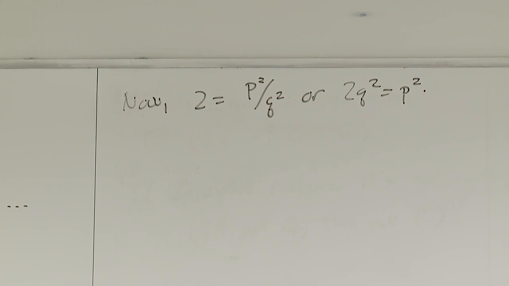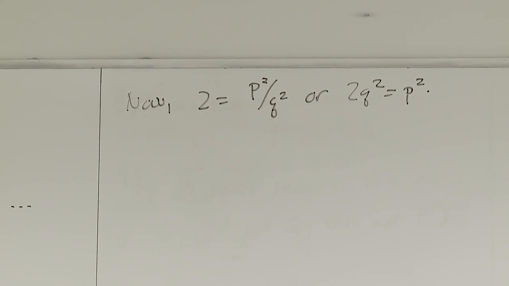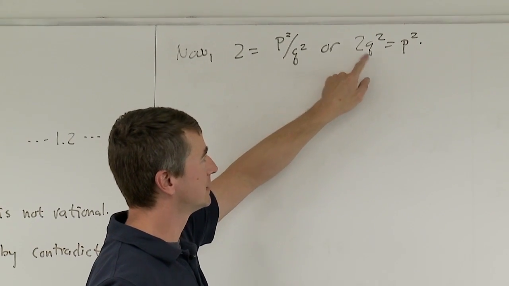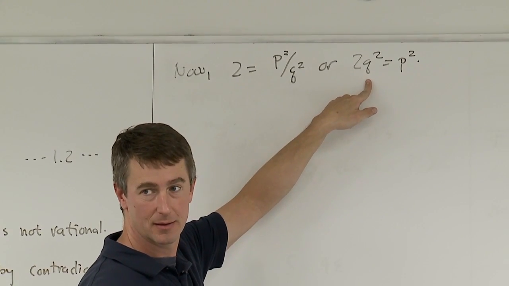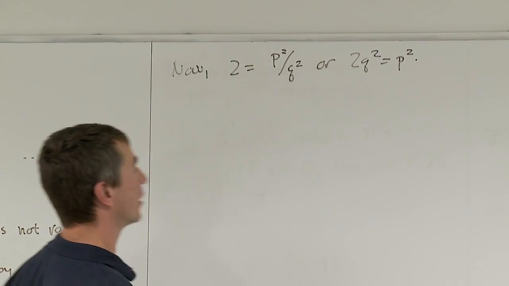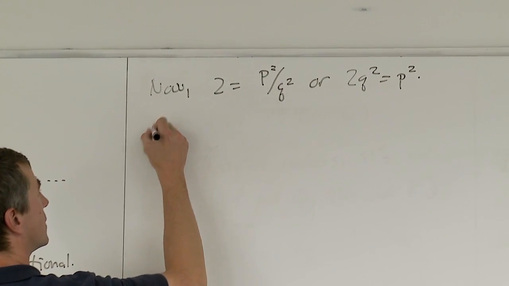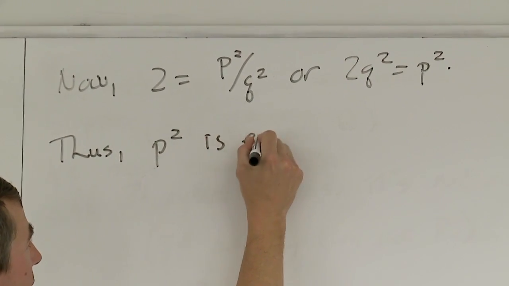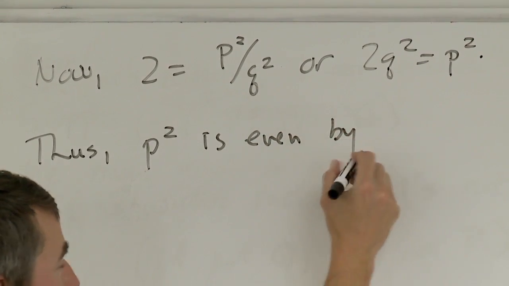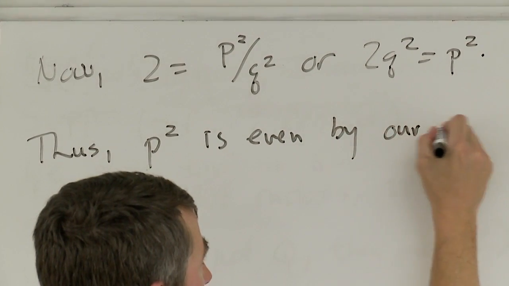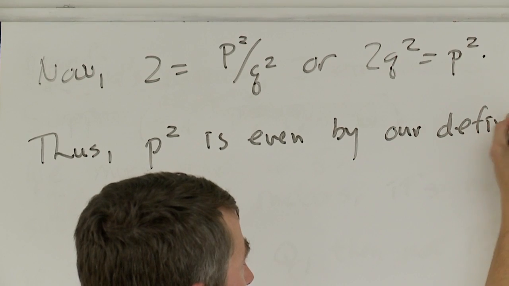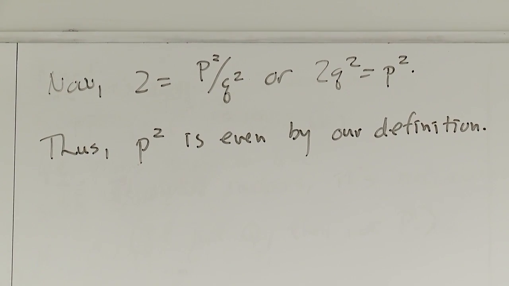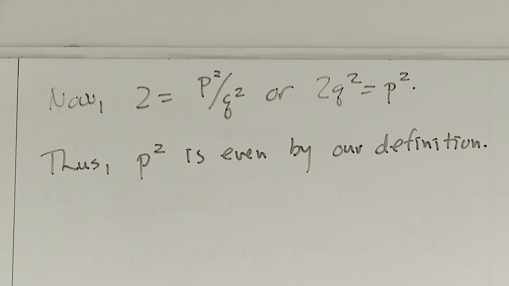Agreed? Now we have to look back at our definitions. p squared is 2 times an integer. So that fits our definition of what word? Even. Thus, p squared is even by our definition of even. Right? p squared is 2 times some integer, so p squared must be even.